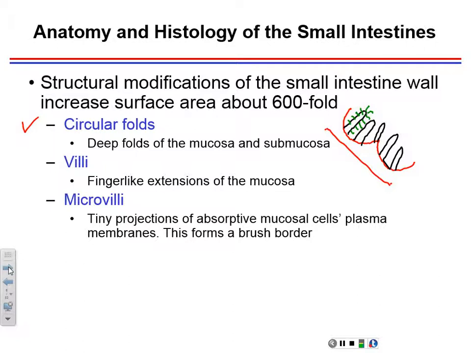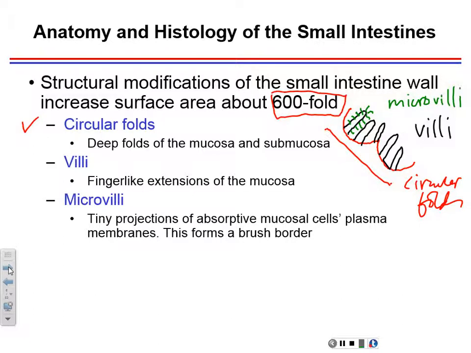So microvilli, and then villi, and then circular folds. So you come up to here, 600-fold.